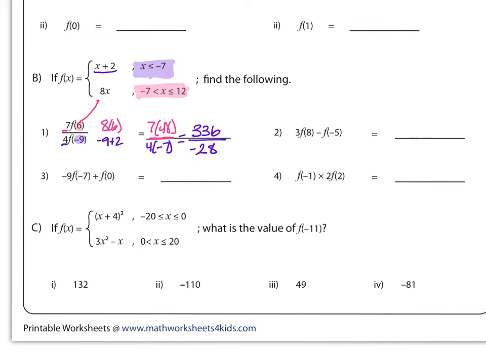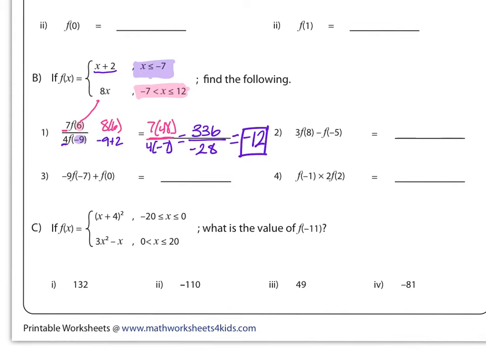Okay, well, that didn't work in my calculator. Let's try this again. 336 divided by 28 is 12. So it equals -12. There we go. Okay, beautiful.